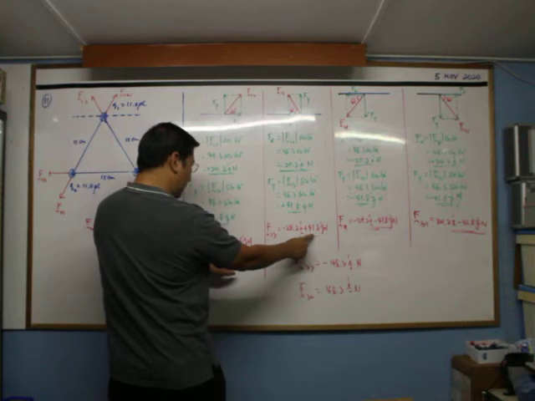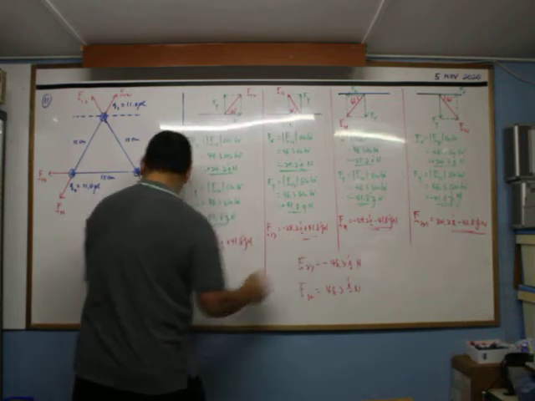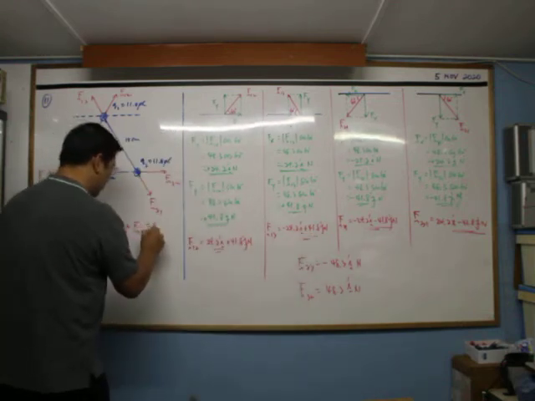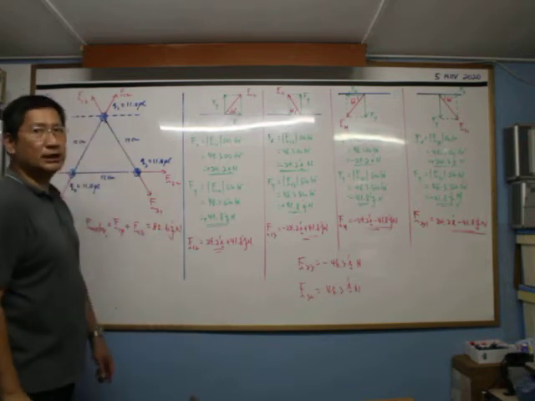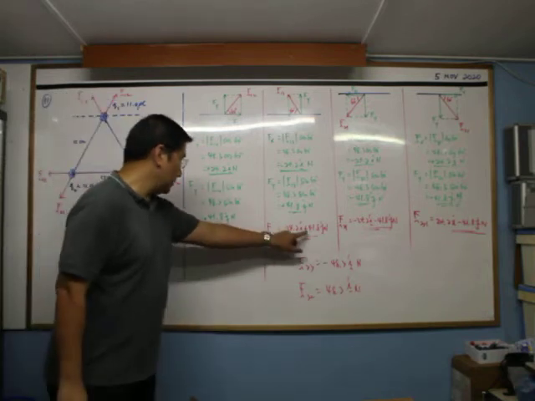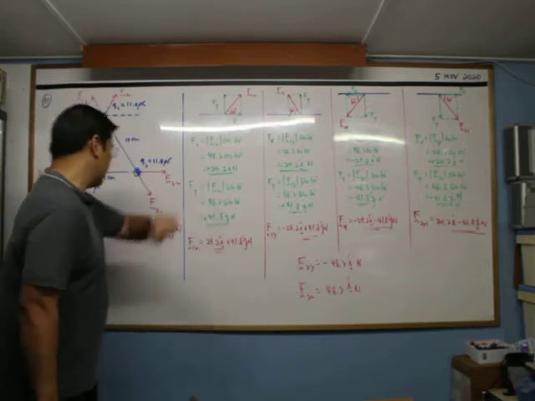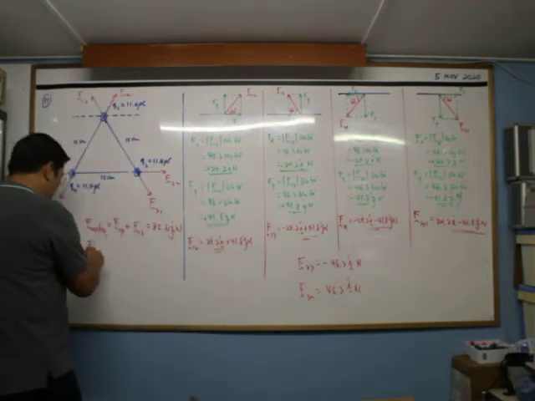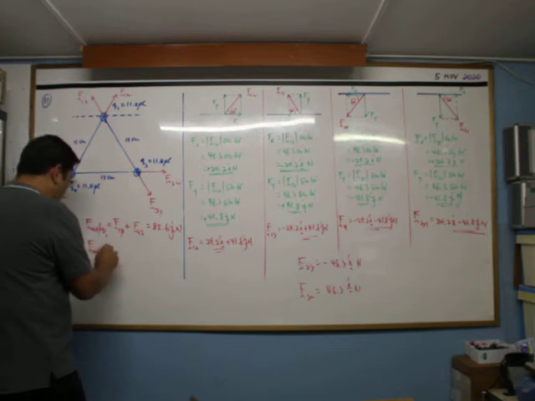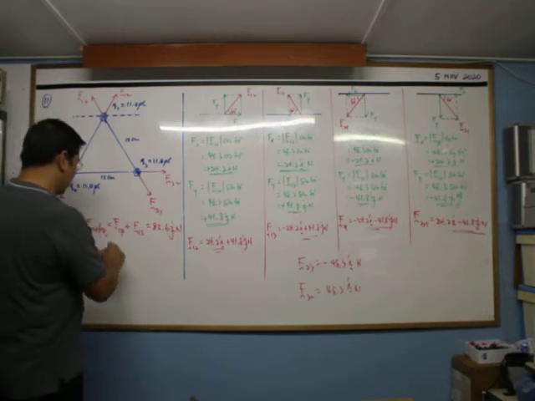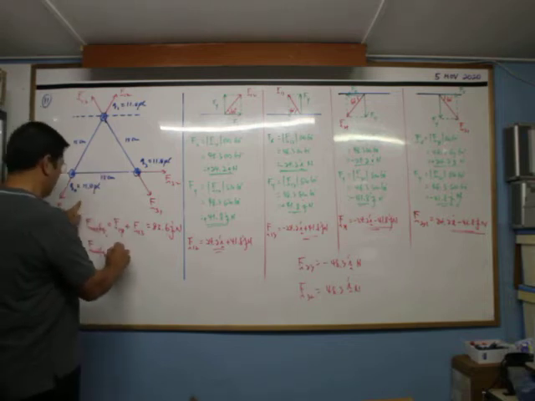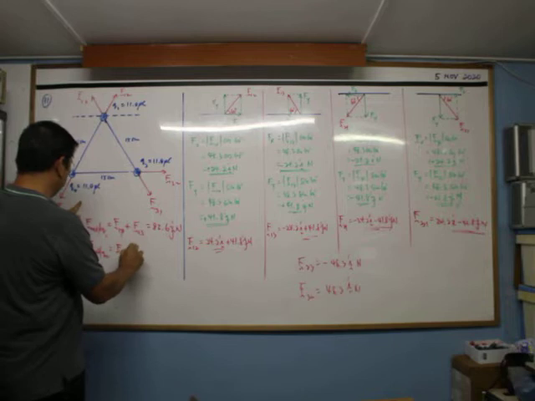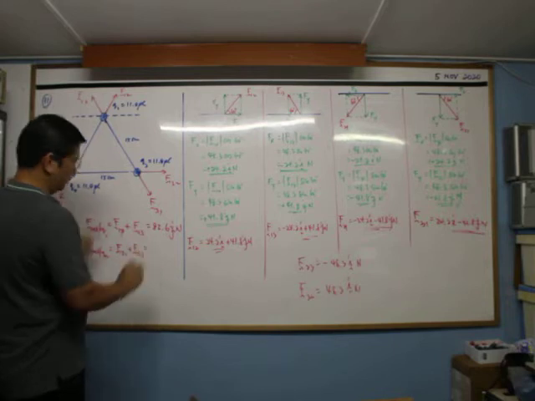So that will be 83.6 J Newton. 83.6. Okay, correct, right? Next one is the net force on Q2. So that net force on Q2 will be F21 plus F23.